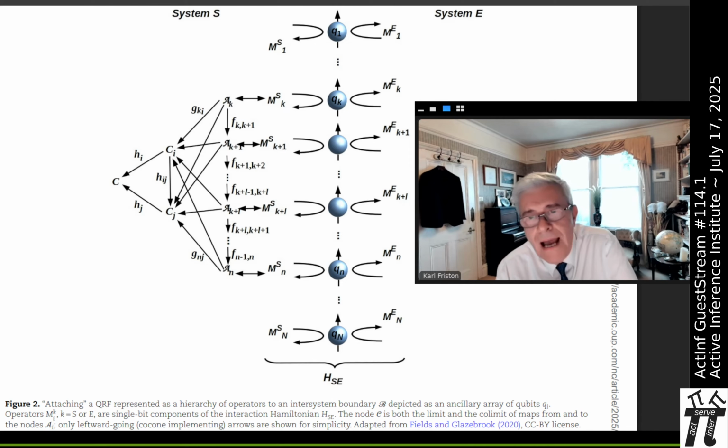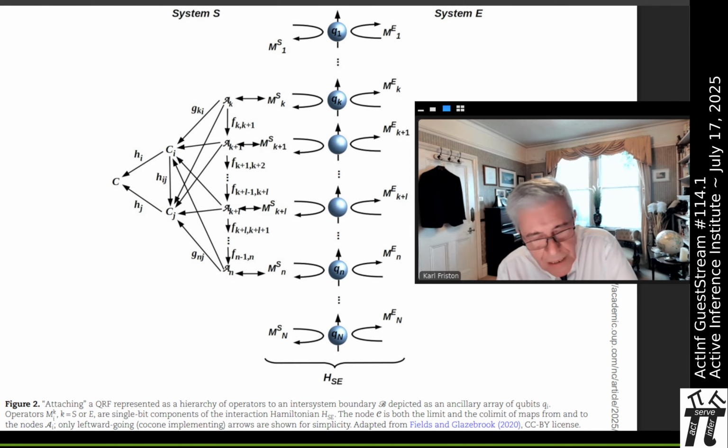And I use the word mental action as another way of describing the process that would be implicit in having active states on Markov blankets in the brain. So we're talking about a covert kind of action.